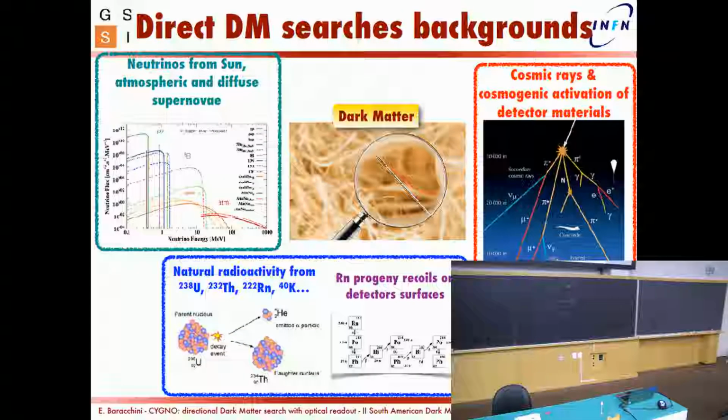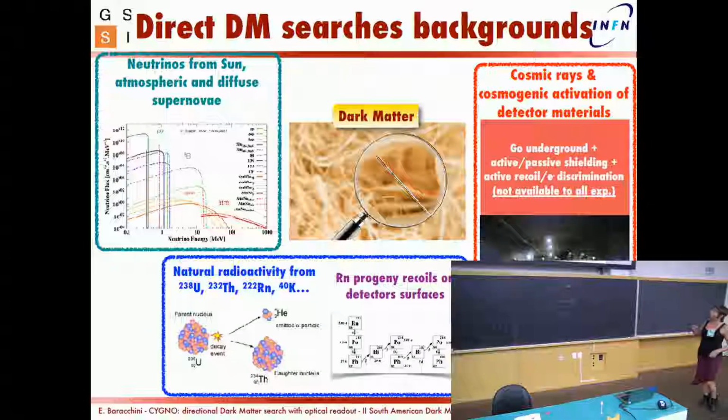You also heard in the previous talk that our main background, of course, are electron recoils. These might come from different sources, and we could try to reject or protect against them while looking at dark matter, which is really a needle in a haystack. So you heard that against cosmic rays and cosmogenic activation you can go underground.